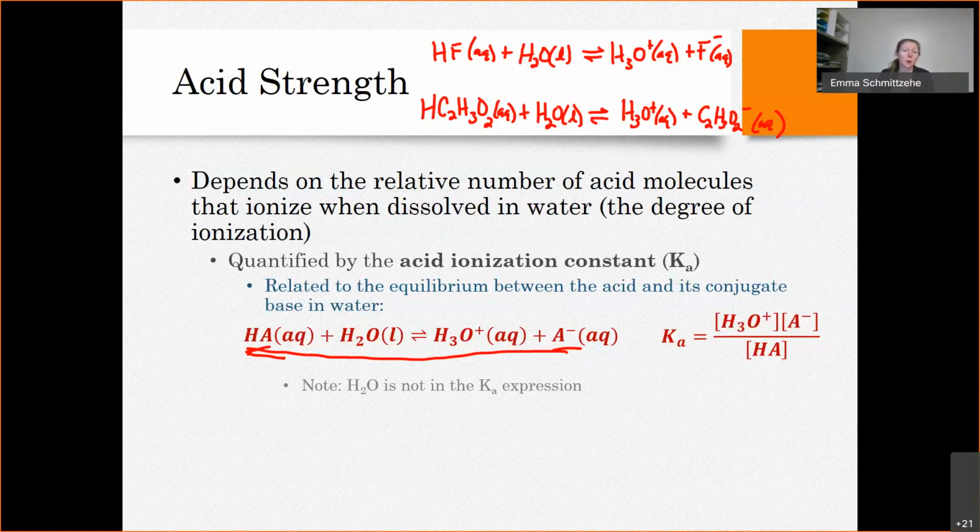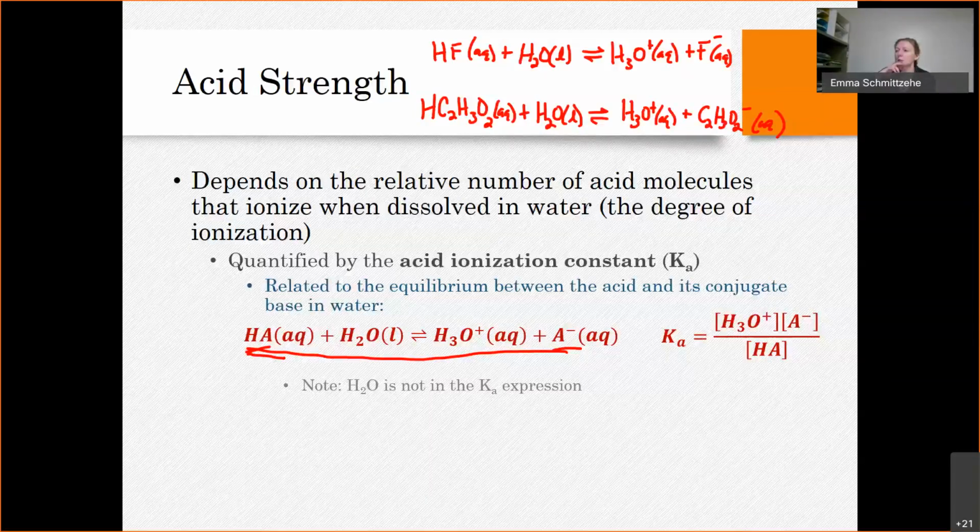And so remember that our K expression is always the products over the reactants, okay? The product concentrations over the reactant concentrations raised to their stoichiometric coefficients. In this case, an acid ionization reaction always has coefficients of 1. It's always one of the acid molecule reacts with one water, forming one hydronium and one of the anion, okay? So you actually won't have any exponents in this case, okay?